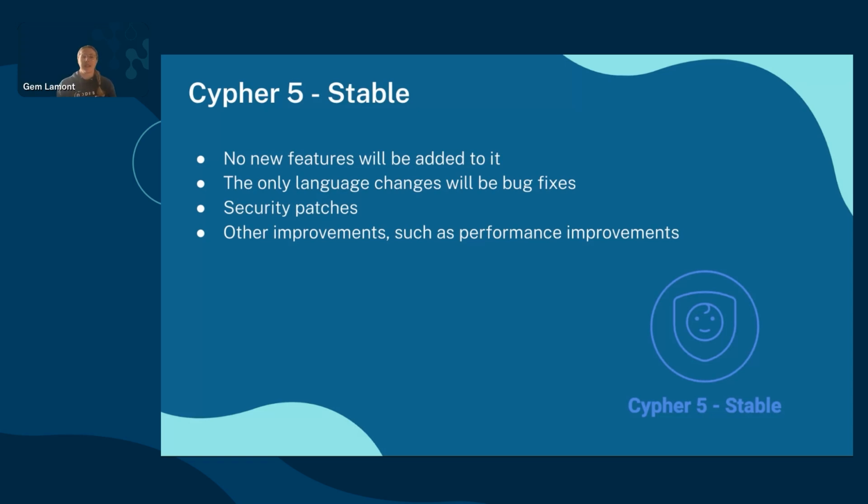There'll be continuous security patches as normal, and a little bit different here from our normal LTSs. Because Cypher versions is only on the surface level of Cypher, we're continuously updating how the planner works and how the runtime works. So this means that Cypher 5 may actually also gain some performance improvements. So that's a nice little feature there.